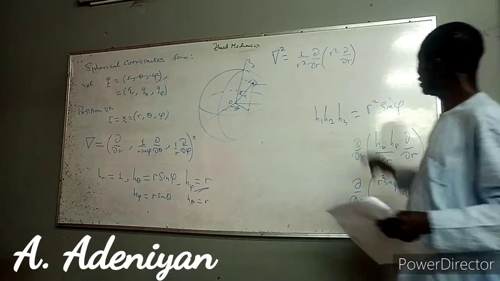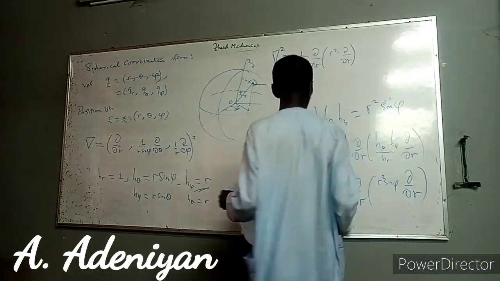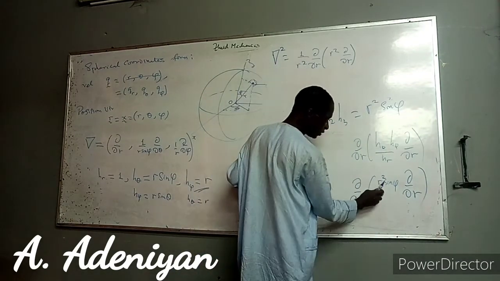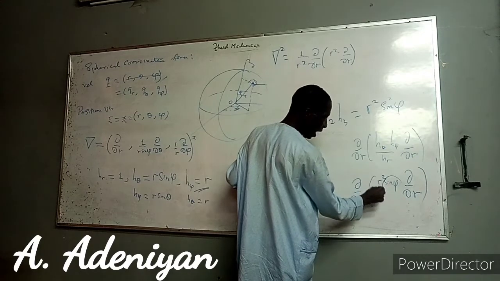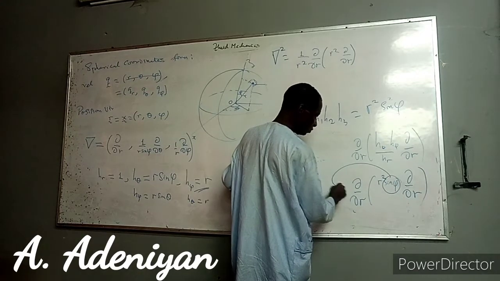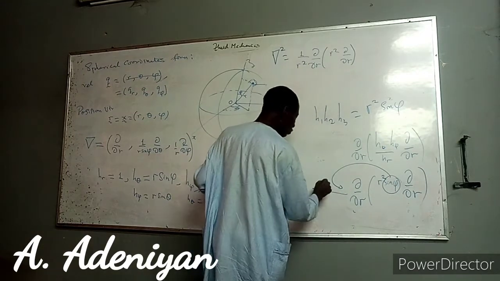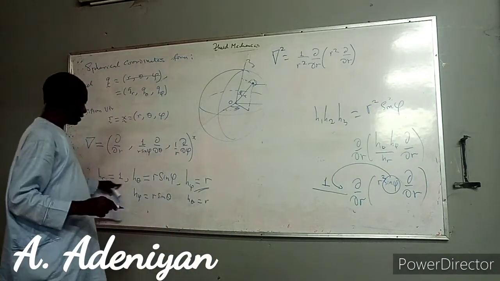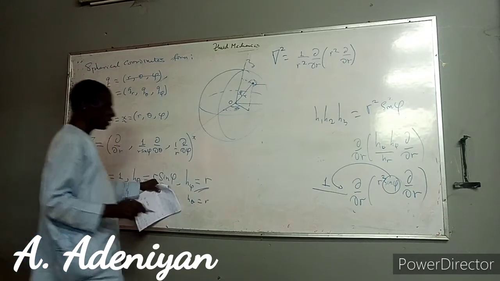I don't want to treat this first one because I'm too sympathetic these days. Because everything depends on r, this does not depend on r. It can come out. Don't forget, you have 1 over h1. If you multiply everything here, it's going to work.